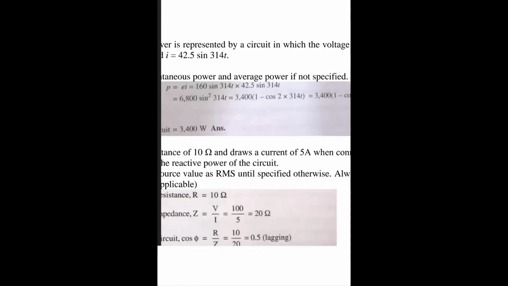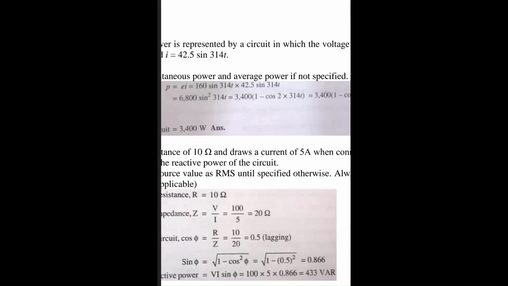This is the instantaneous power equation, Vi or Ei, the instantaneous values of voltage and current, or EMF and current, given. We have written them here and multiplied, and on multiplication we achieved 6800 sine square 314t. This is the instantaneous power.